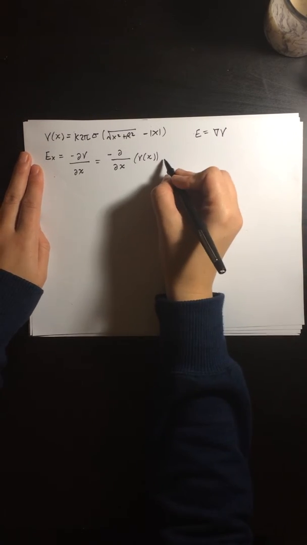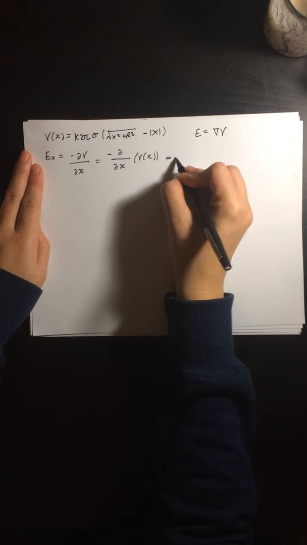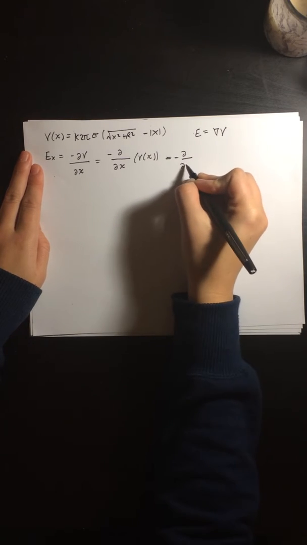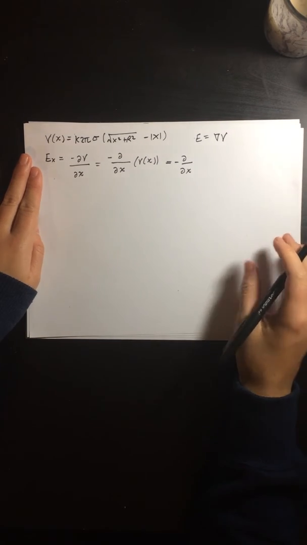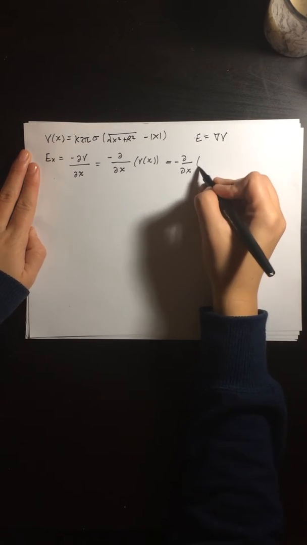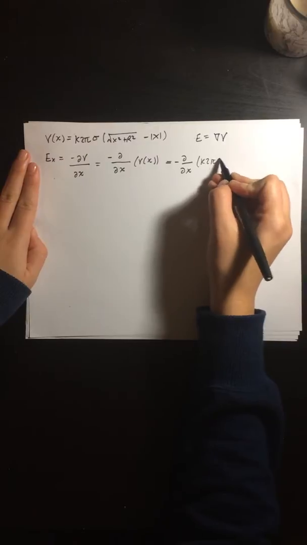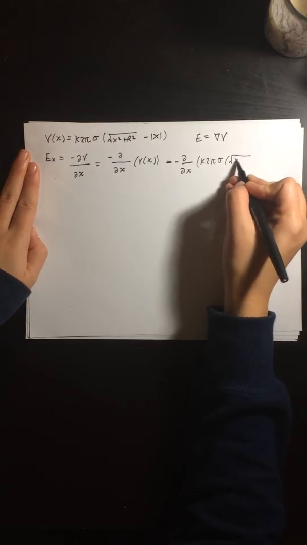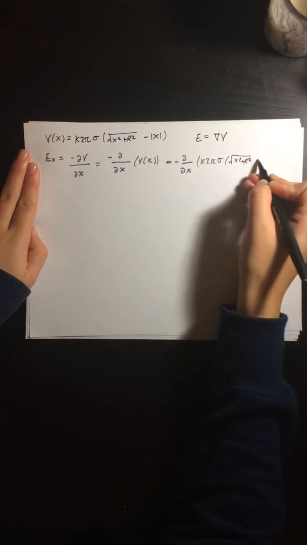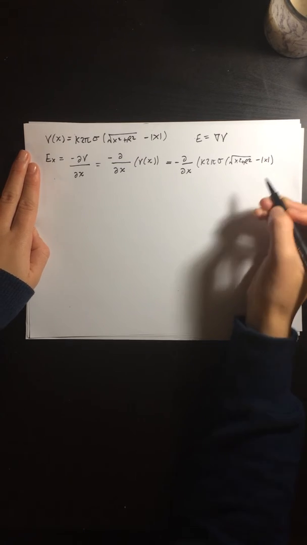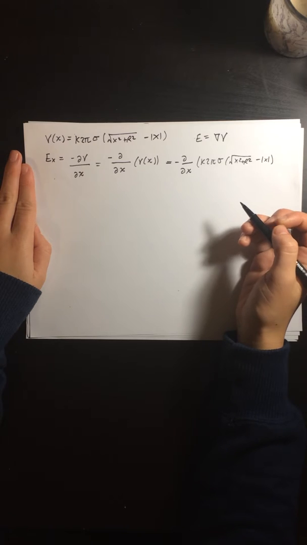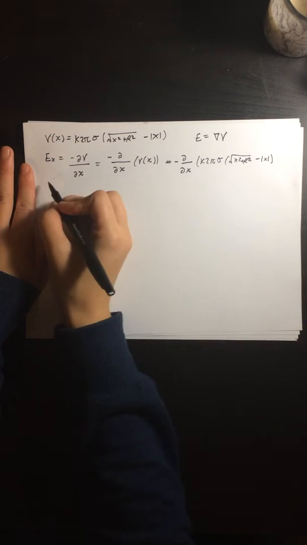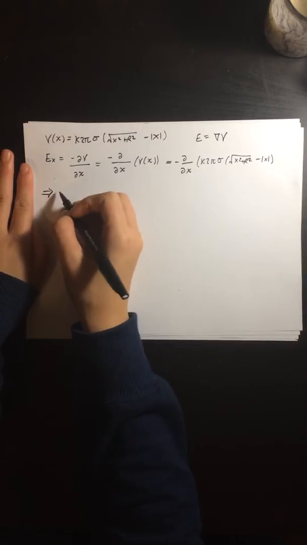So we're going to use this again, and we're going to substitute V of x. So we're going to put in our V of x from here, k 2 pi times the square root of x squared plus r squared minus x. And now we're going to take the partial derivative with respect to x in this equation.